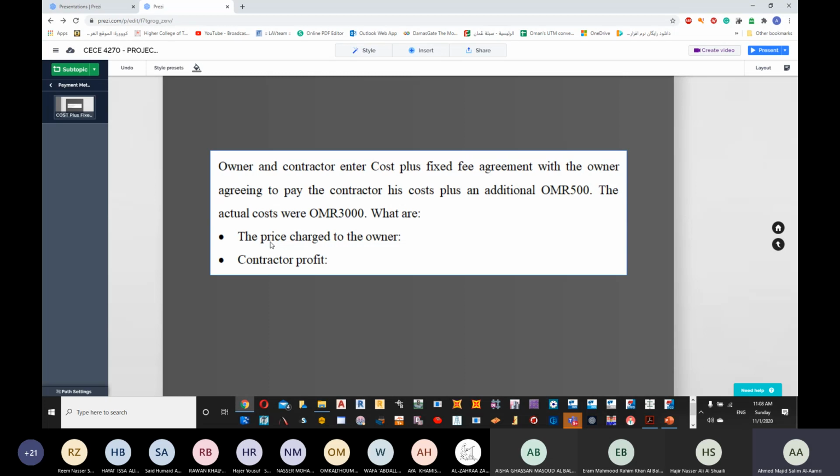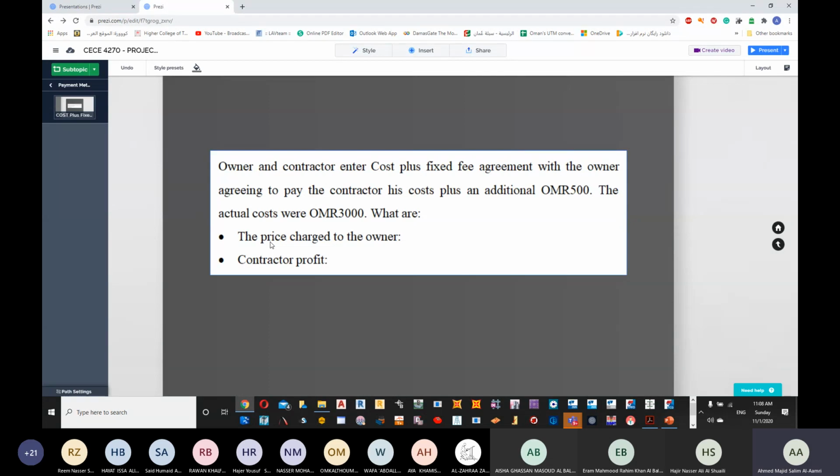Now, if the cost goes to 20,000 Omani Riyal, how much do I need to pay the contractor as a profit? I need to pay him the actual cost plus 500 as profit.